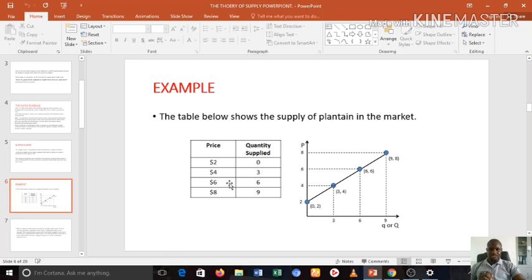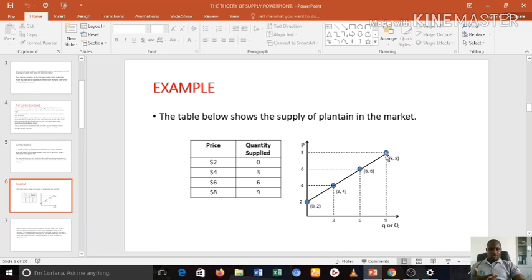When the price increases to 6, quantity supplied increases to 6. This is the allocation. When the price increases to 8, quantity supplied also increases to 9. So this is 8 and this is the allocation 9.